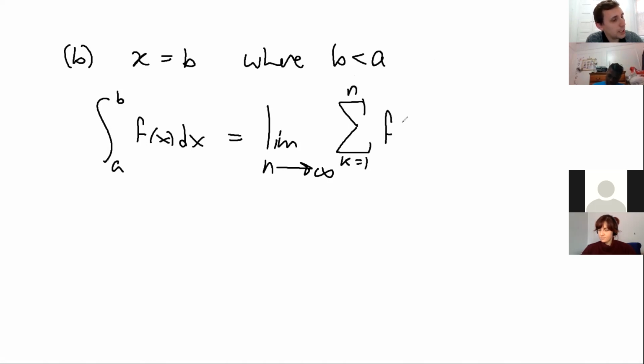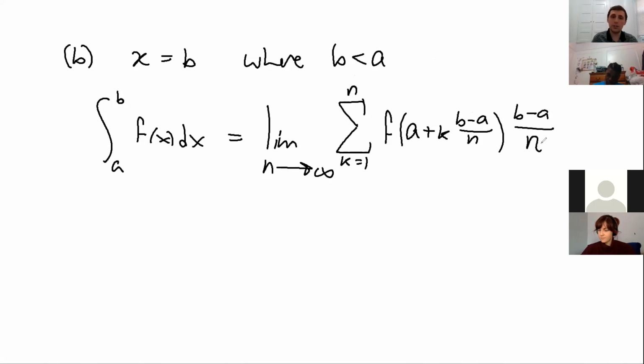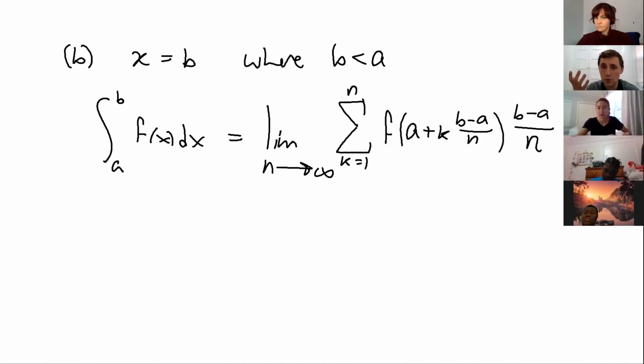You begin at a, going to b, so it would be f of a plus k times (b minus a) divided by n, times (b minus a) divided by n. Are you in agreement with me, guys? Do you understand what I'm writing? The summation thing should be very obvious.